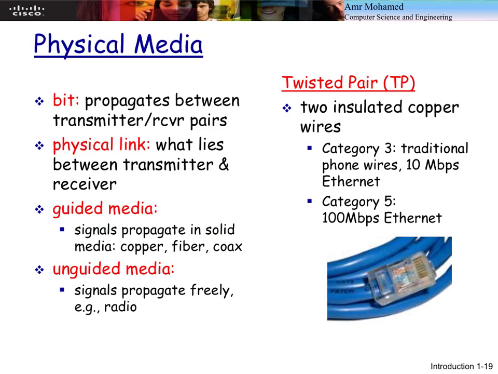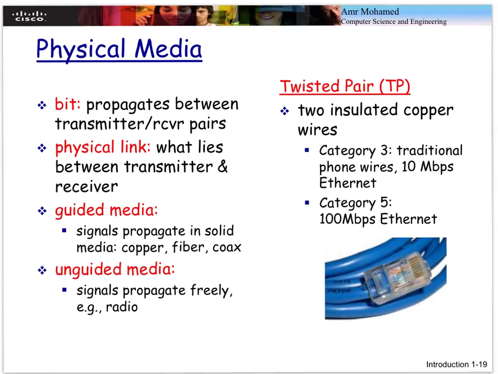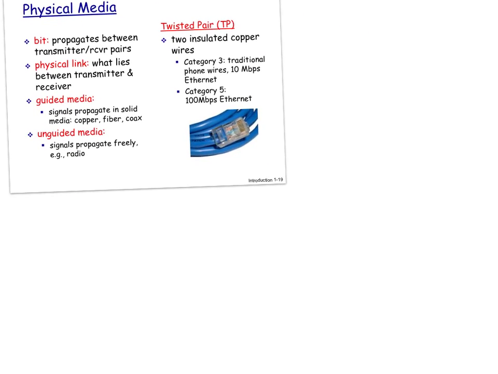Okay, so twisted pair means that you have very thin wires. You have a number of these in one package, and usually you take every two wires and pair them together.